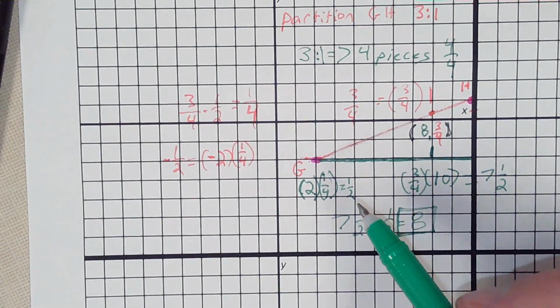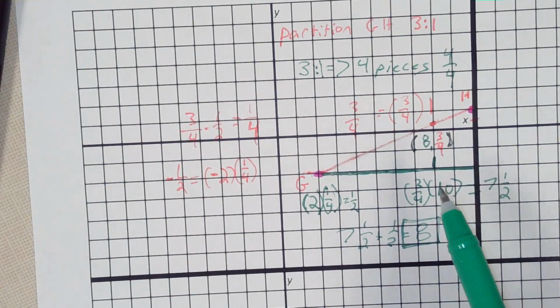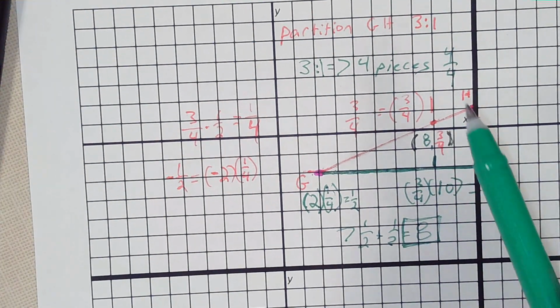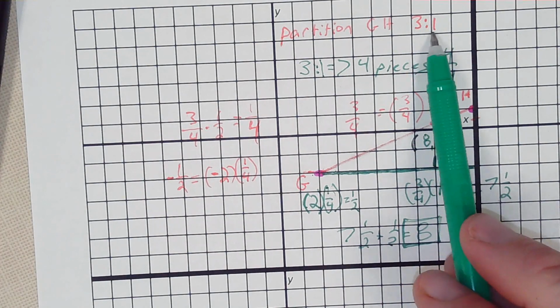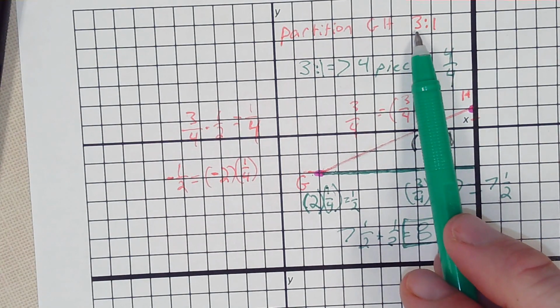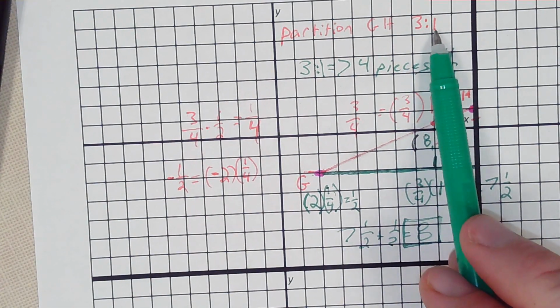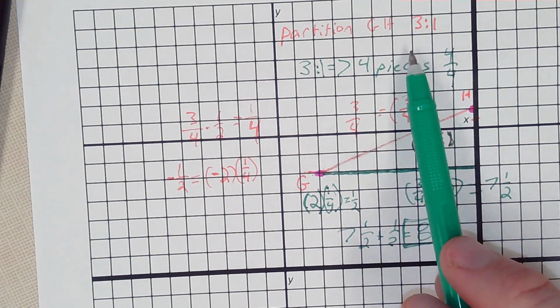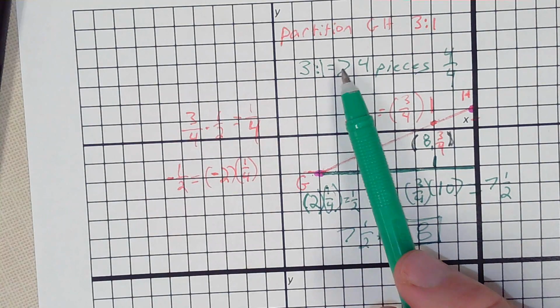Right? So to summarize it, you figure out what your partition is going to be closest to, by whatever the smaller number in your ratio is. It's going to be closest to that. Okay? Then you figure out how many pieces by adding your ratio numbers.